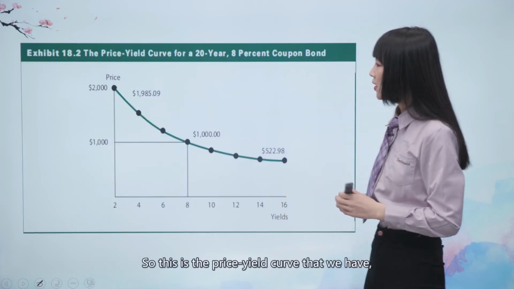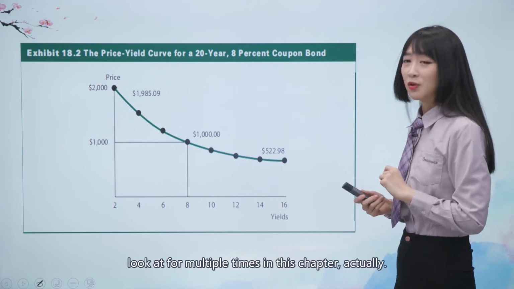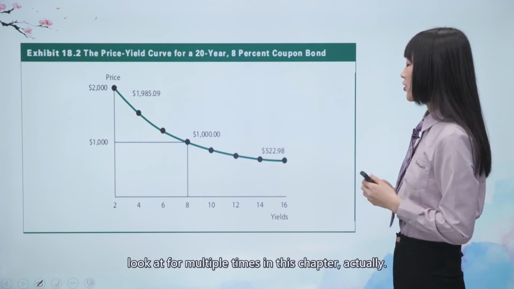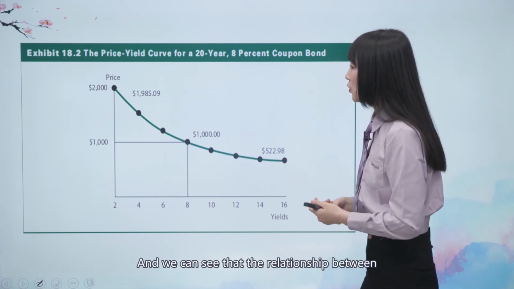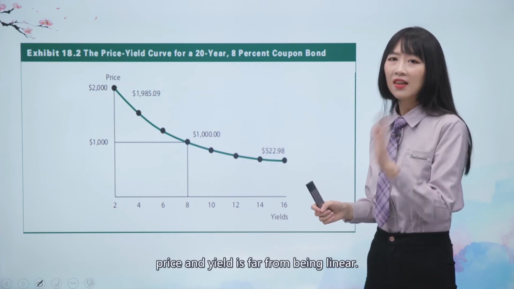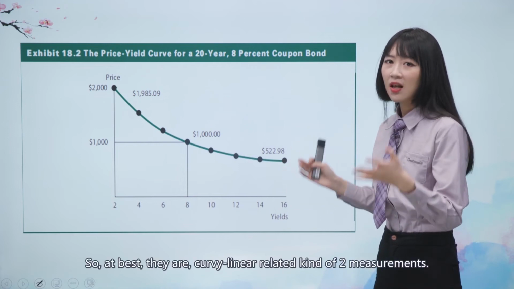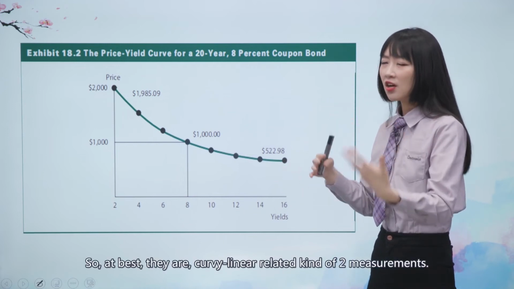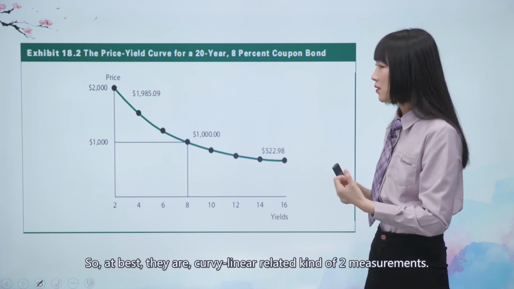This is the price yield curve that we have looked at multiple times in this chapter. We can see that the relationship between price and yield is far from linear. It is a curvy line.